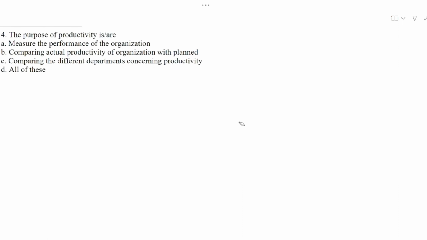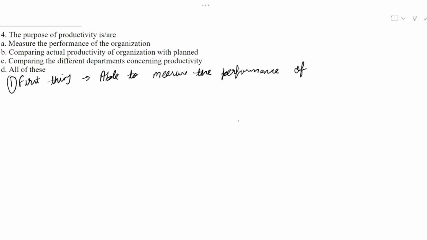So the first thing is to be able to measure the performance of an organization or industry as a function of time.